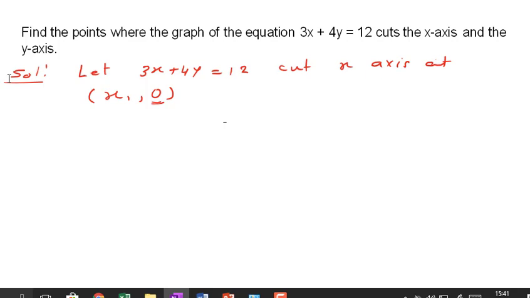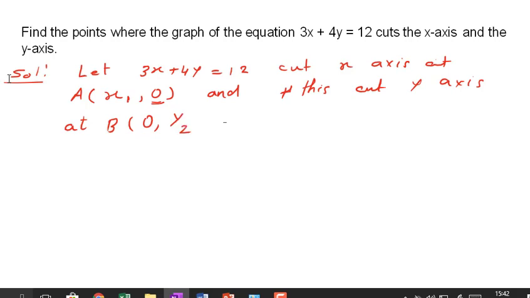As this is a point, we can name it A. At point A, x1 comma 0, this line cuts the x-axis, and this line cuts the y-axis at B, and at B the x coordinate is 0, so I will say 0 comma y2.